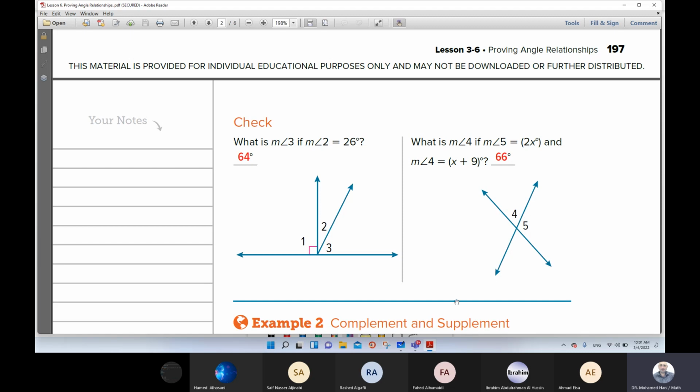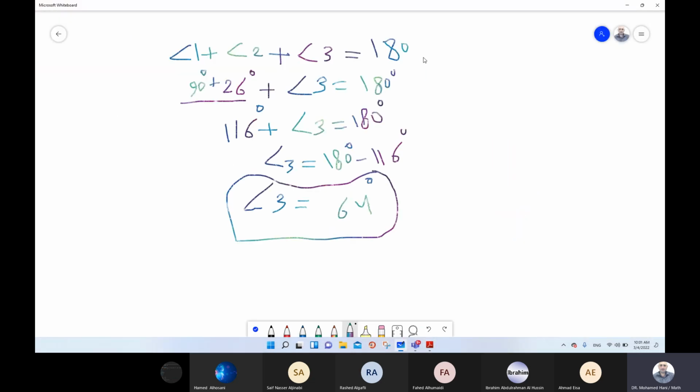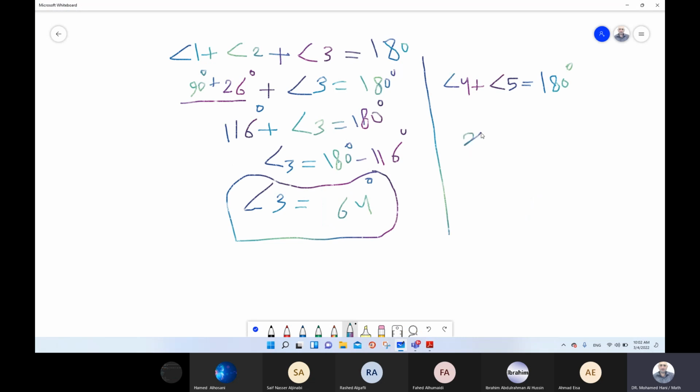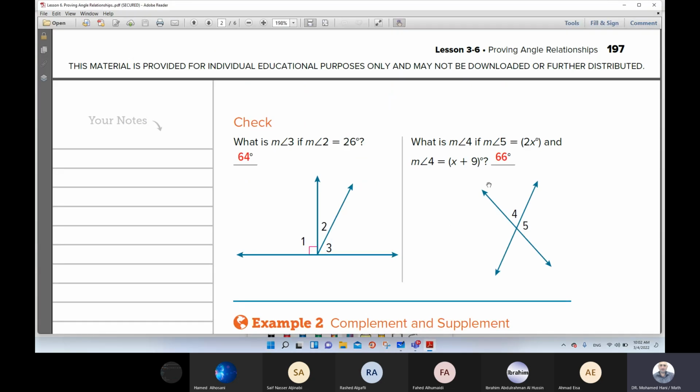So we can write the equation: angle 4 plus angle 5 equals 180 degrees. What is the measure of angle 4? x plus 9. And what is the measure of angle 5?